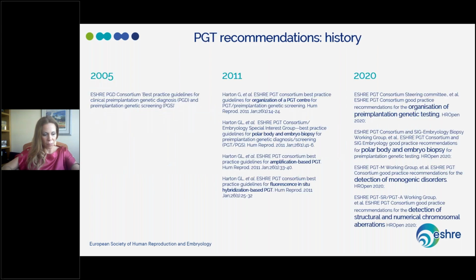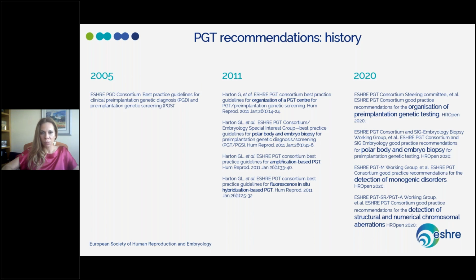A bit of history. So the first ESHRE guidelines for PGT were published in 2005. And a first revision was published 6 years later. The original paper was then split over 4 papers, each covering a specific topic.